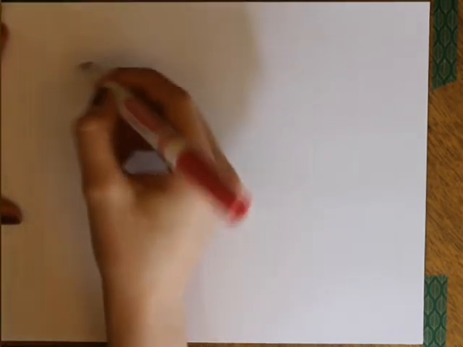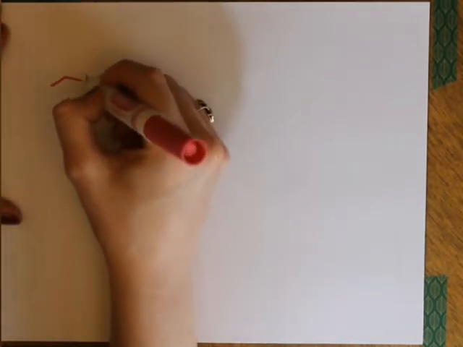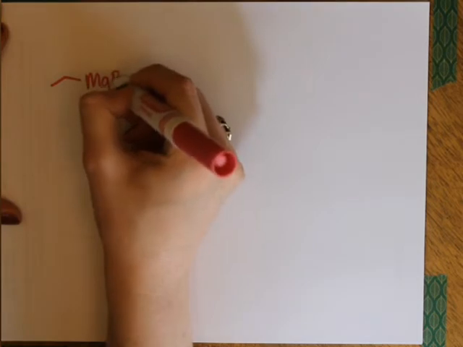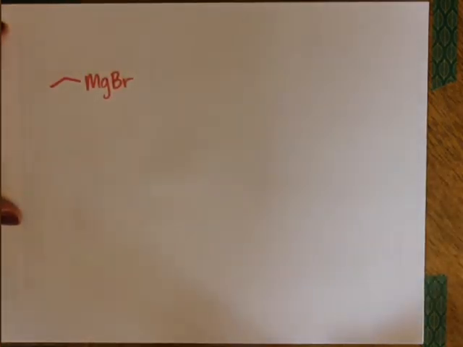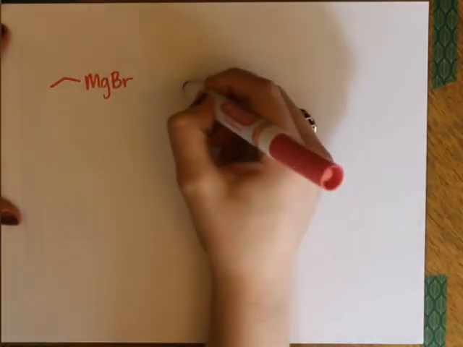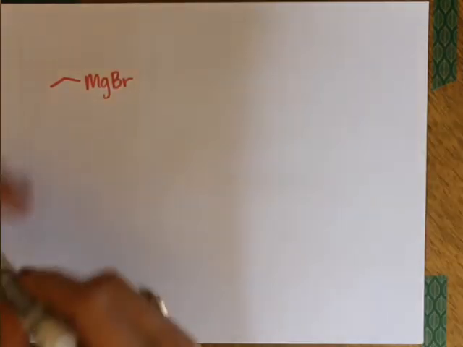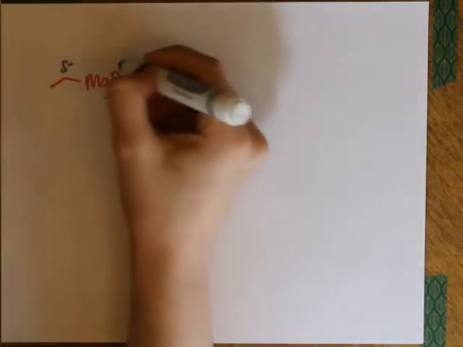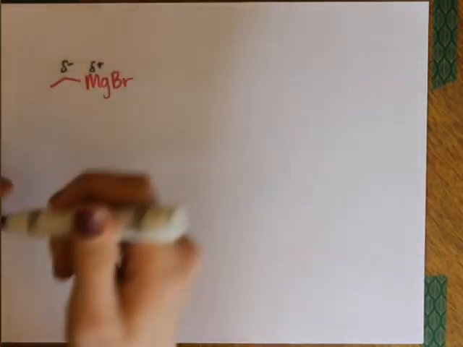But let's just look at a general gist of what goes on in a Grignard reaction. So, like we mentioned before, and this is the same for an organolithium as well, let's just keep on keeping on with the ethyl magnesium bromide. What happens is, we mentioned before, this is partial negative and this is partial plus.